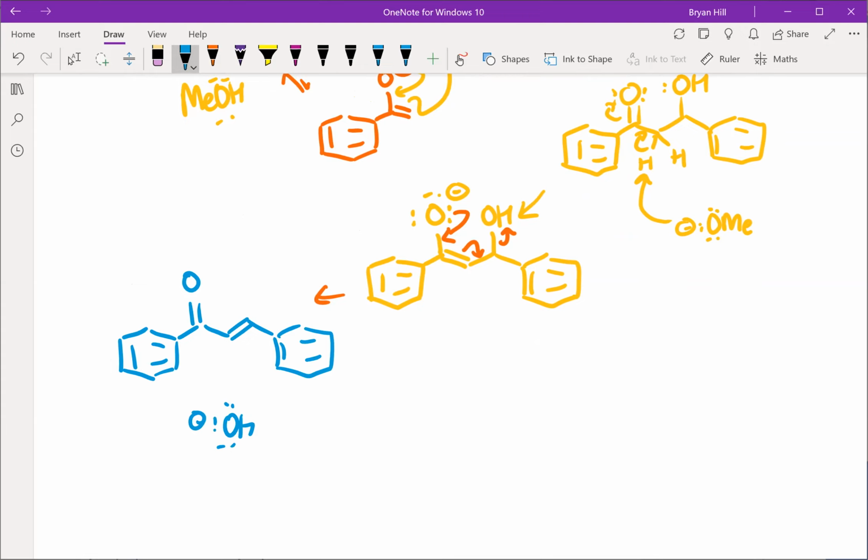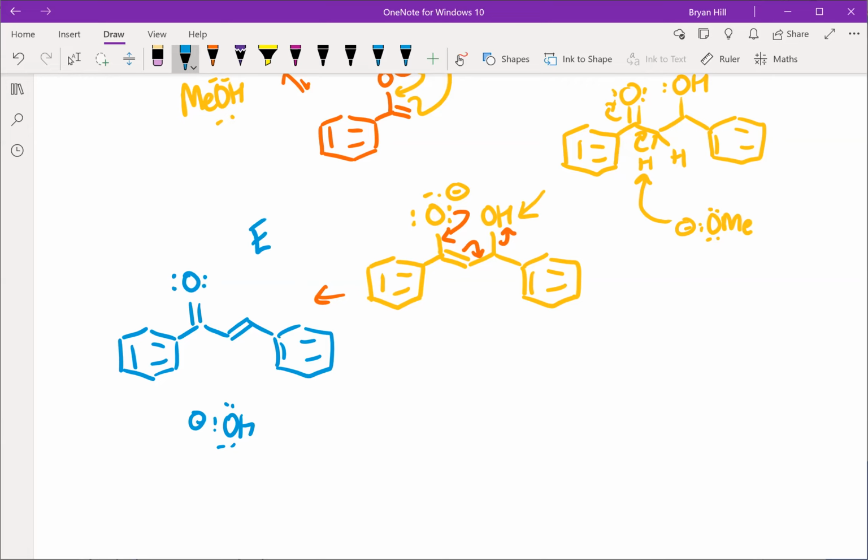Hydroxide is the leaving group. And you might say, well, wait a second, we were told in organic 1 or organic 2 that you can't have hydroxide as a leaving group. It's a terrible leaving group. Certainly you can't have it for an SN1 or SN2 or E1 or E2 elimination. That's true. This mechanism is interesting.